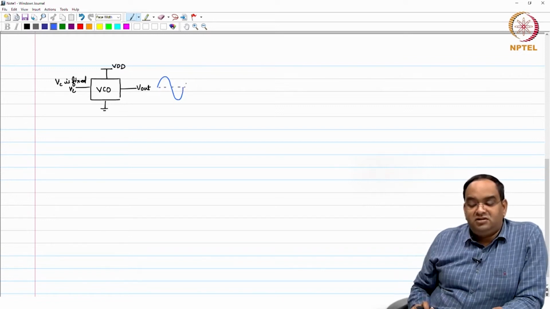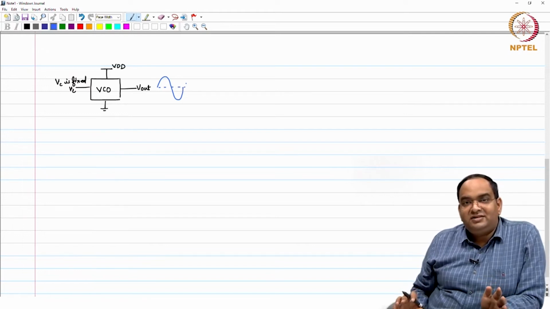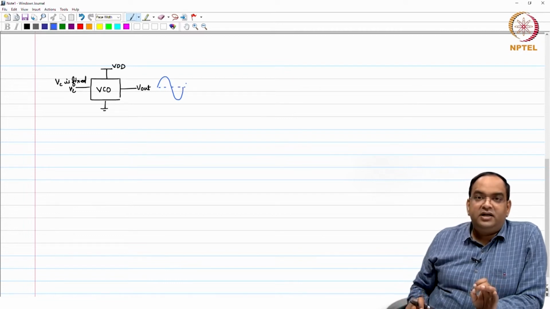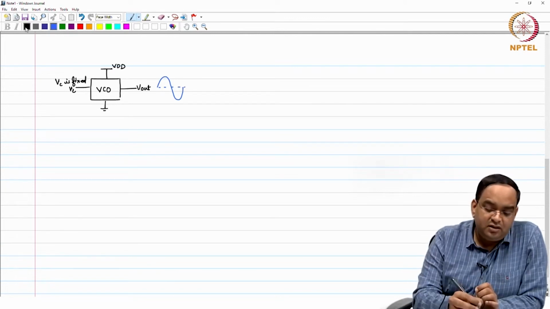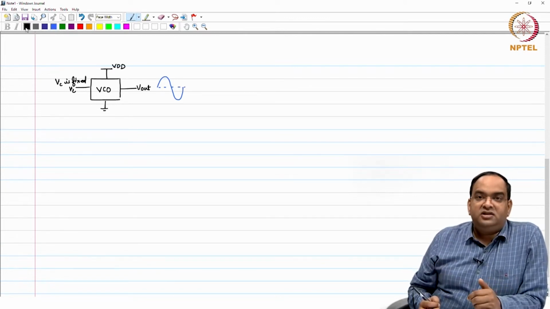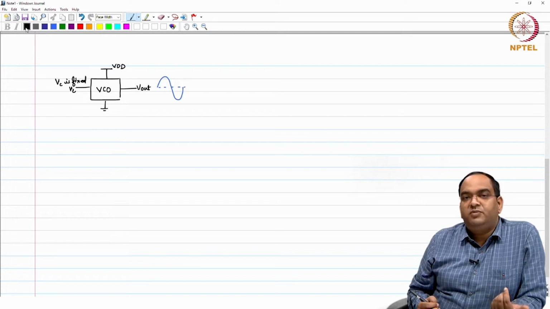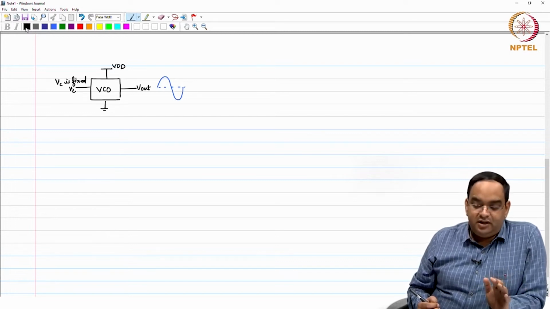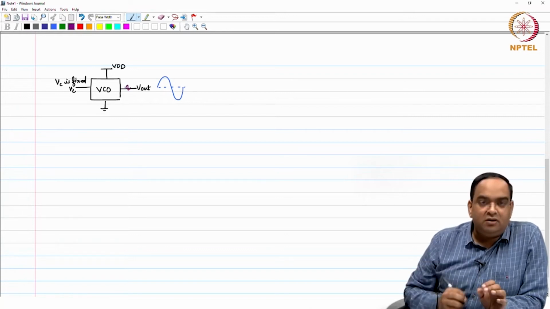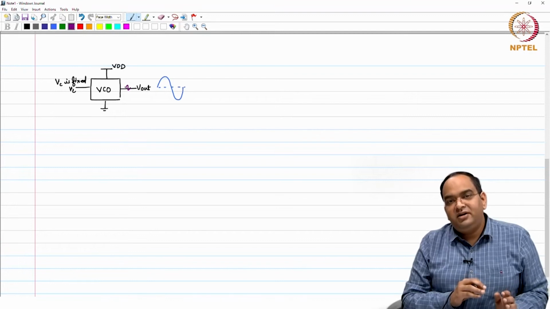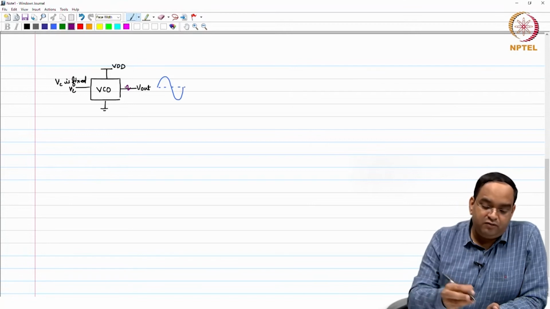So, think about a system where you are not feeding any input, all the voltages are DC and it is producing sustained sinusoidal or square waves at the output, which means that whatever system we are using should be self sustainable. Which in turn means that even if there is some disturbance at the output of V out, the system takes care of it and still retains the frequency which it is designed for.